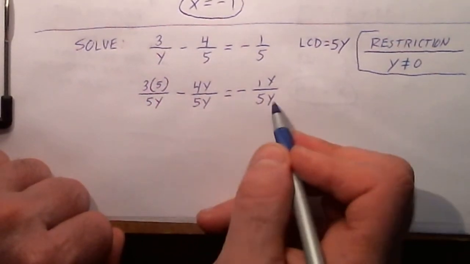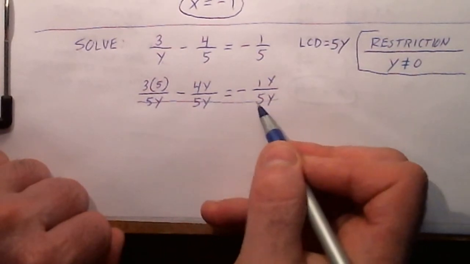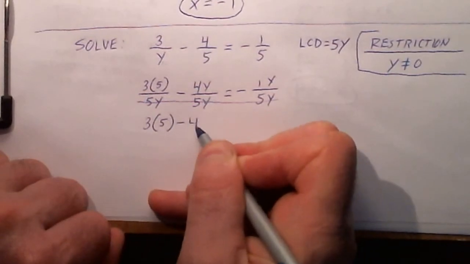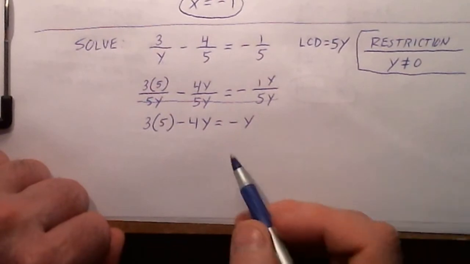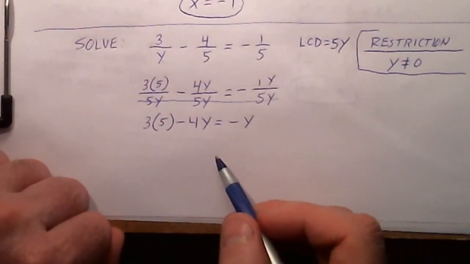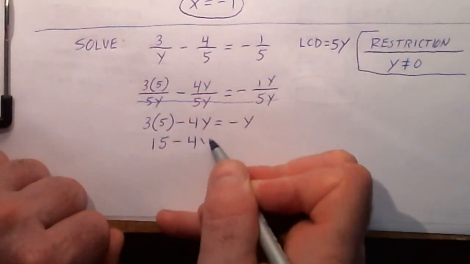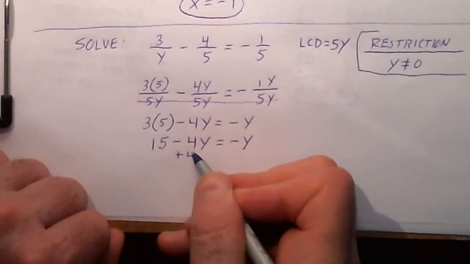Now that we have a common denominator all the way across in our equation, we can just wipe out these denominators, and we're left with this equation to solve. So this is the equation, ladies and gentlemen, that is in need of solving. 3 times 5 is 15. I'm going to add 4y to both sides of my equation.